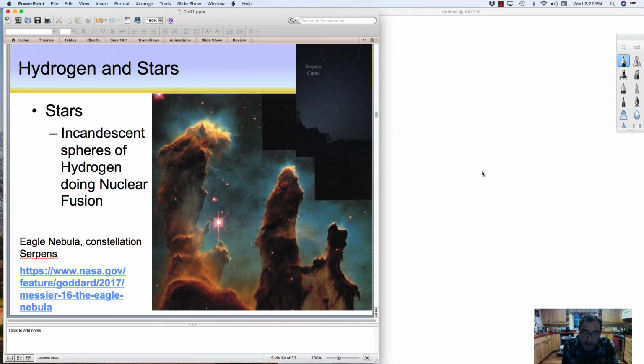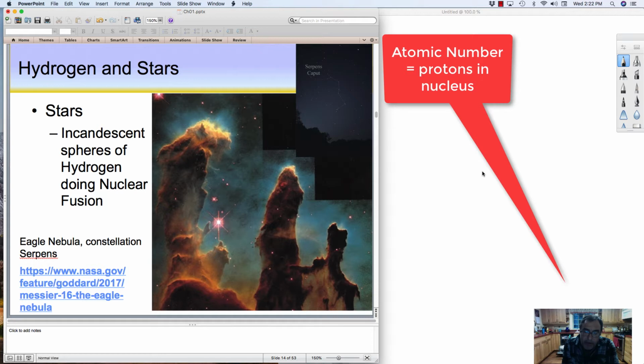Remember, the way we define atoms is by their atomic number, and the atomic number is the protons in the nucleus, right? So for example, hydrogen has 1 proton, helium has 2 protons, lithium has 3 protons, oxygen would have 8 protons, carbon has 6 protons.